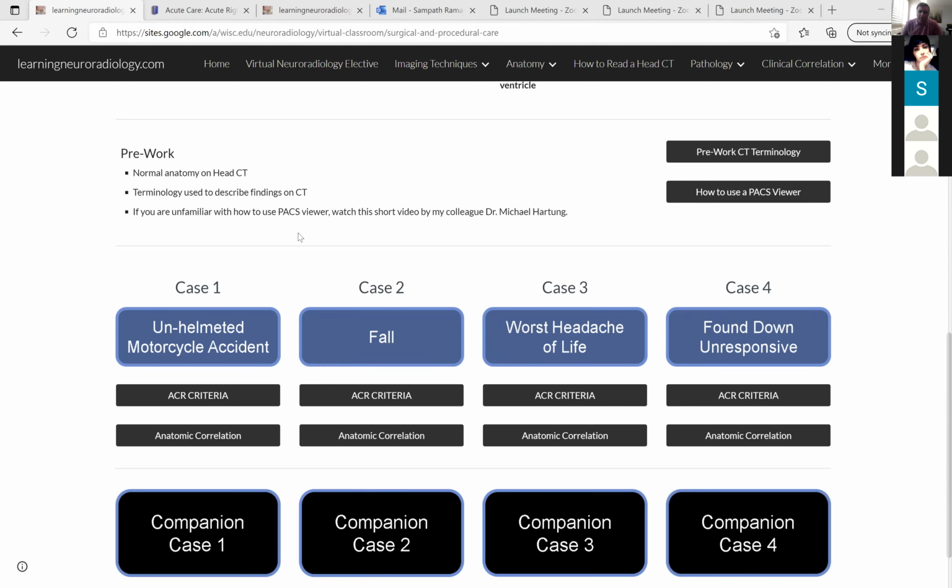So what we typically do is wait for the bleed to become smaller. Once there is a surgical evacuation, they take tissue samples and send them to pathology to see if there's any kind of tumor.